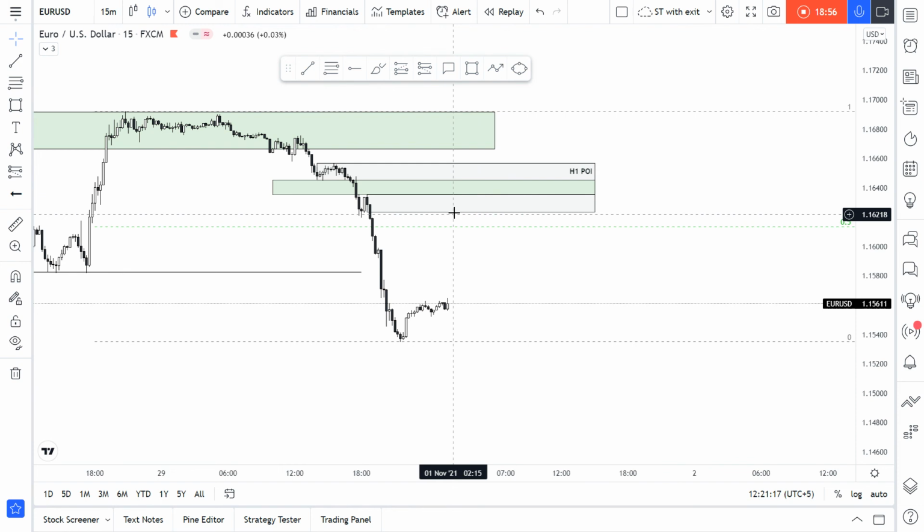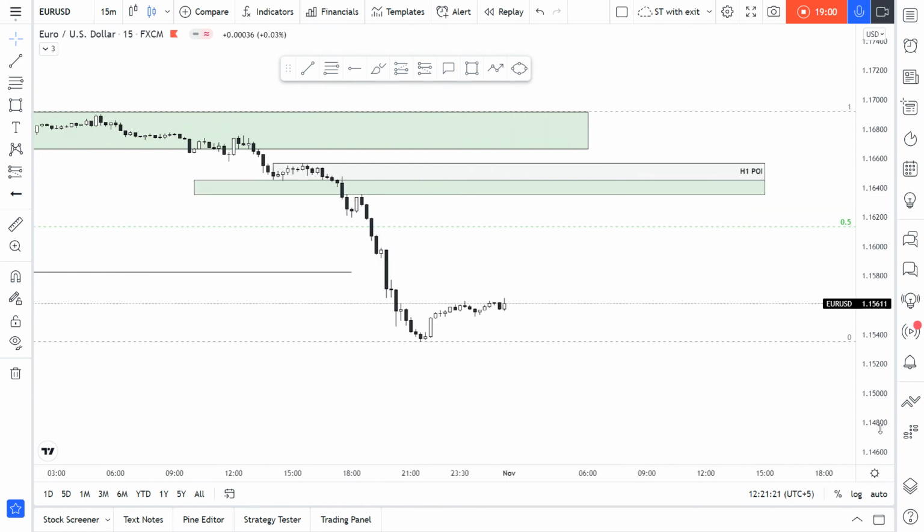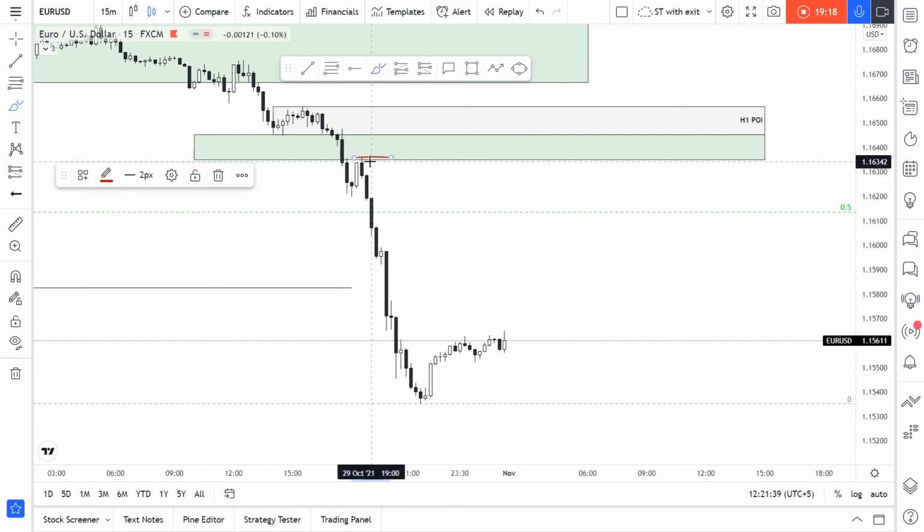Or here. Look, the interesting thing is that this is our key level. We got some consolidation, an imbalance here, some push up, and then a break to the downside. So here might be some liquidity the price should grab before going down.